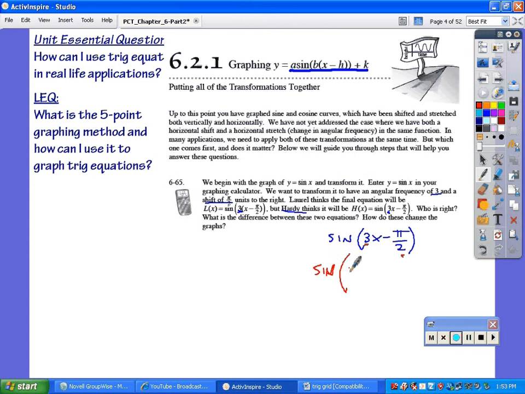So we're going to have the sine of 3 times. Well, 3x divided by 3 is x. Pi over 2 divided by 3 is going to be pi over 6.